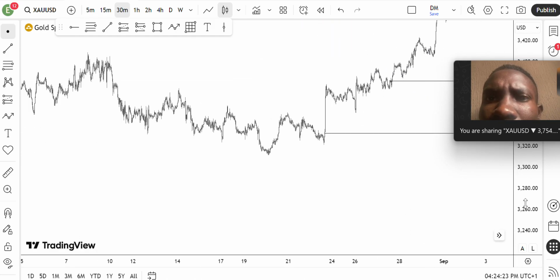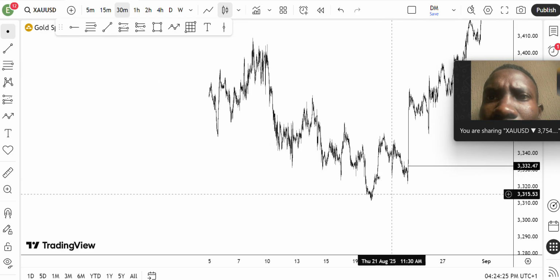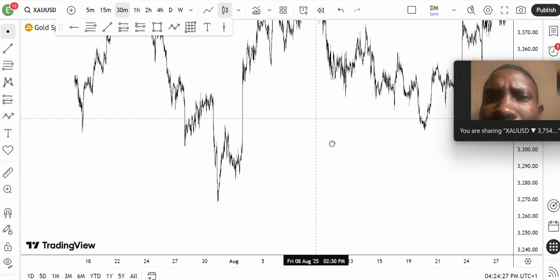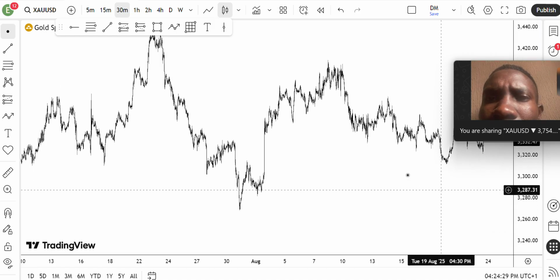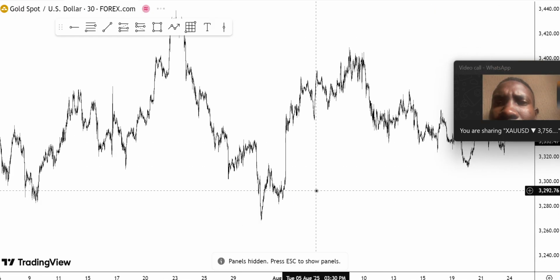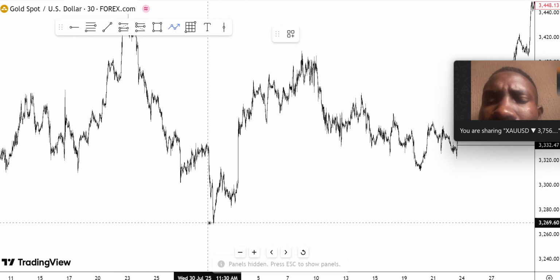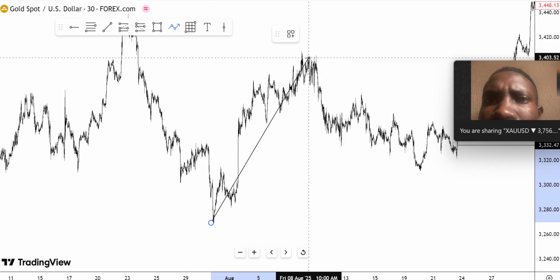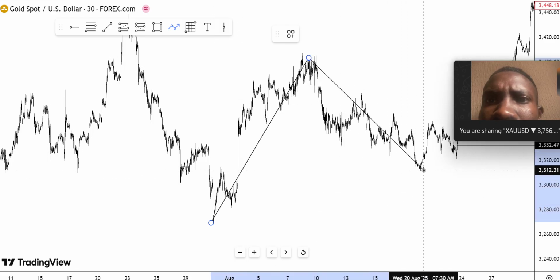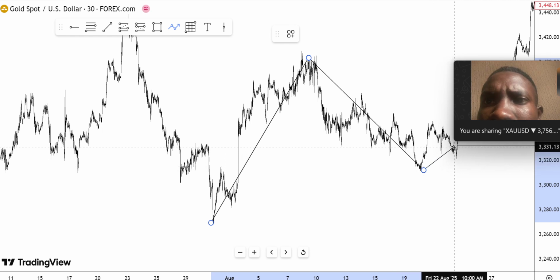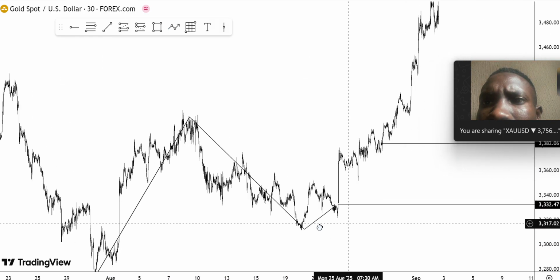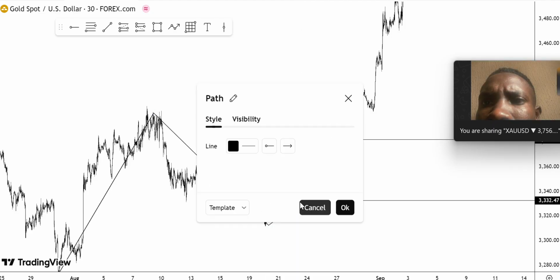Now let me just show you an example. So we have price create this leg, this particular leg, from here to here, and down here. The screen is not wide enough.